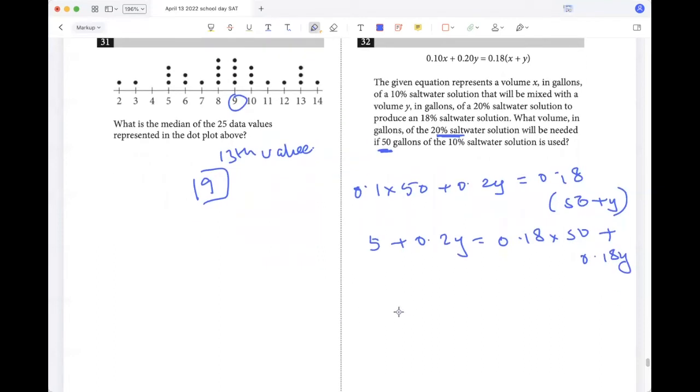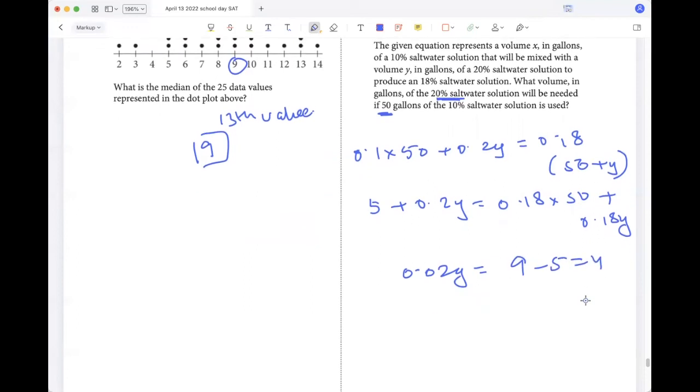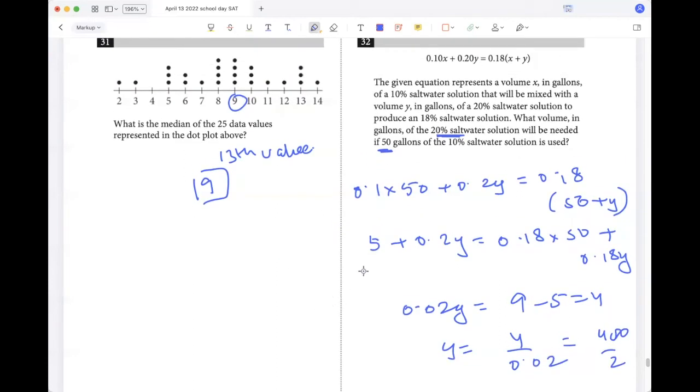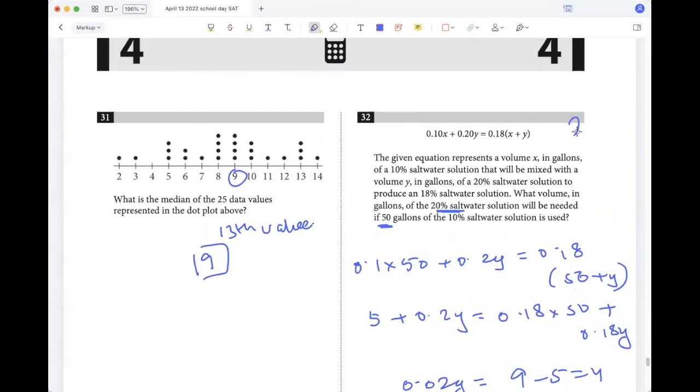So 0.2 minus 0.18, so 0.02Y, this would be 0.18 into 50 minus 5, so this will be 9 minus 5, which is 4. So Y is 4 by 0.02, which is 400 by 2. So that's 200.